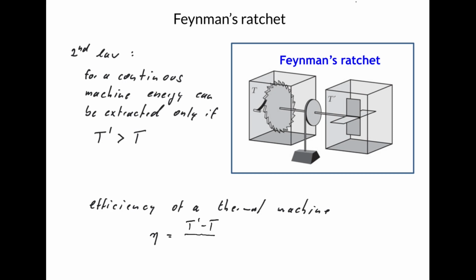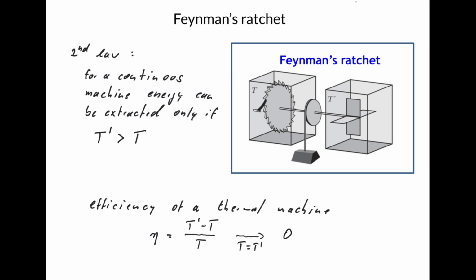And only if there is a temperature difference, the efficiency is larger than zero. Okay, so what we learn from this Feynman ratchet is that it cannot work without adding some additional energy. And that is something that we have to include in a refined model.